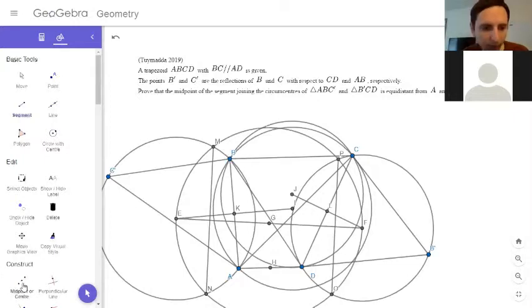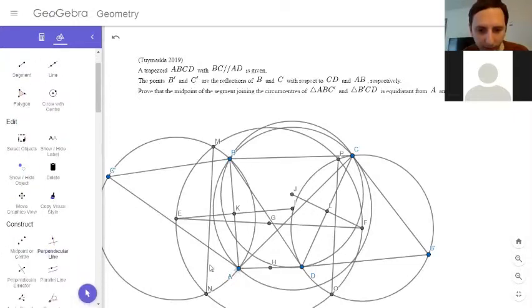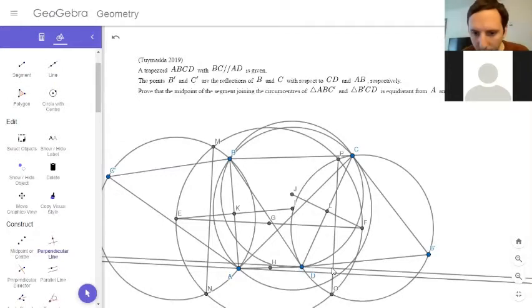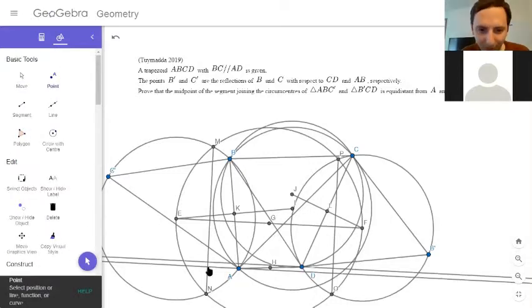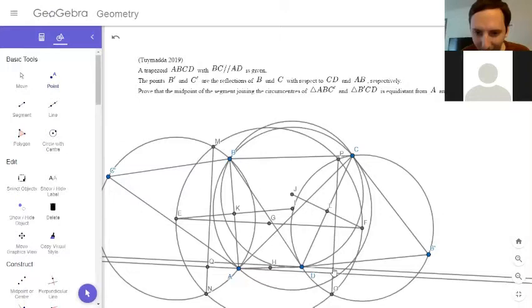Let me check that. This is so messy. If this doesn't work soon, I'm going to start deleting stuff, but I want to try it for now.